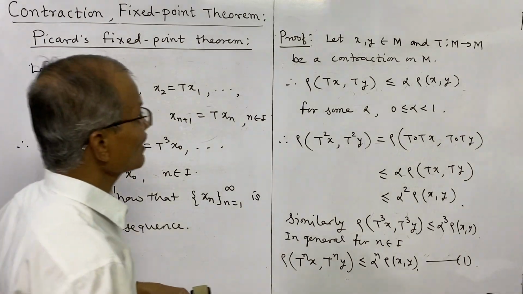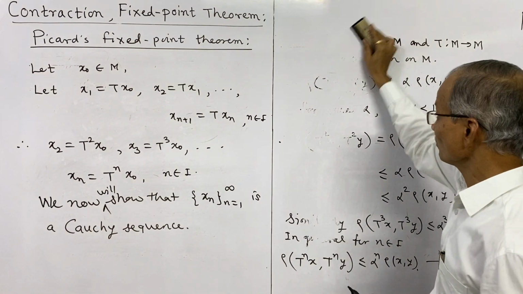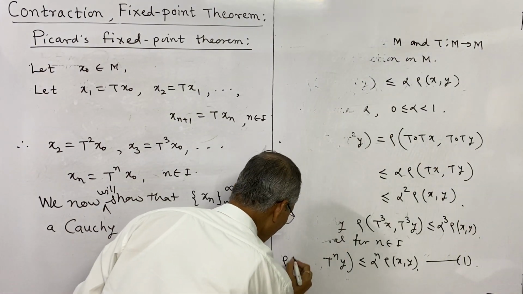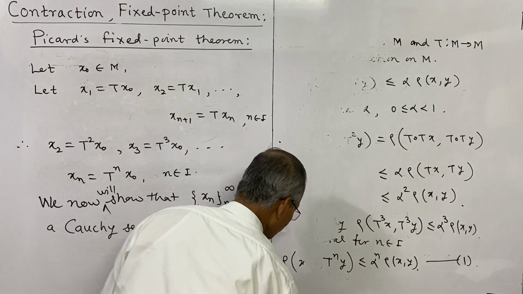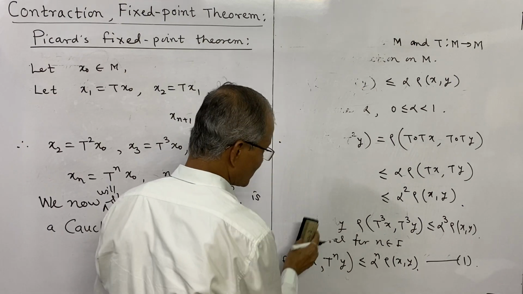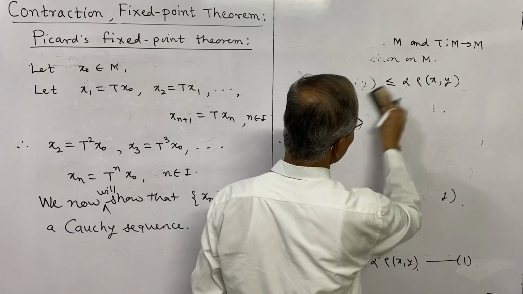For that purpose, we have to use the definition of a Cauchy sequence in a metric space. We know that a sequence is a Cauchy sequence if rho of xn and xm is less than epsilon.